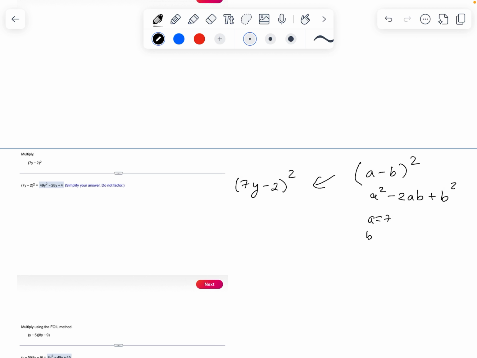It's not negative 2 because the negative is already included in the equation. So from here we follow this formula. A squared will be 7y squared, minus 2 times a, which is 7y, times b, which is 2, plus b squared, 2 squared. So this one will be 49y squared minus 28y plus 4.